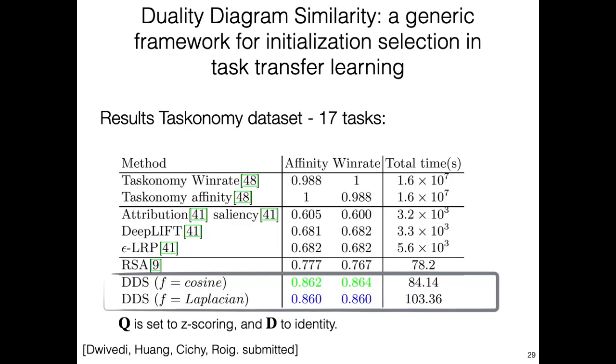So we can see that we can get much more than state-of-the-art. Here you can say taxonomy win rate is 1, of course, because it's this measure, and with affinity it is 1 because it's this measure. So we take this as ground truth, which has also been taken in the previous state-of-the-art works.